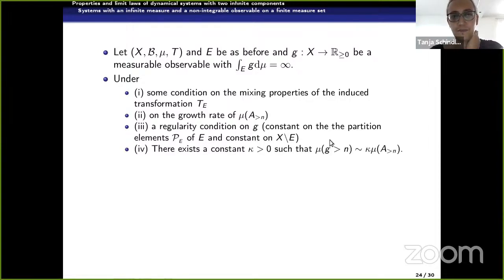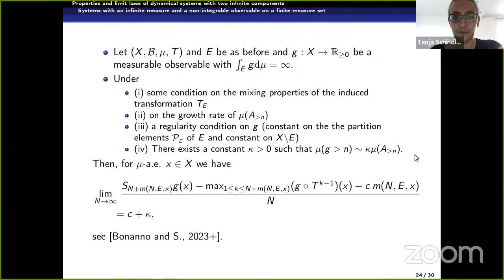And then I give a more precise condition, because this is a condition we later want to change, namely that the growth of the function is asymptotic to the growth or decay rate of the superlevel sets.